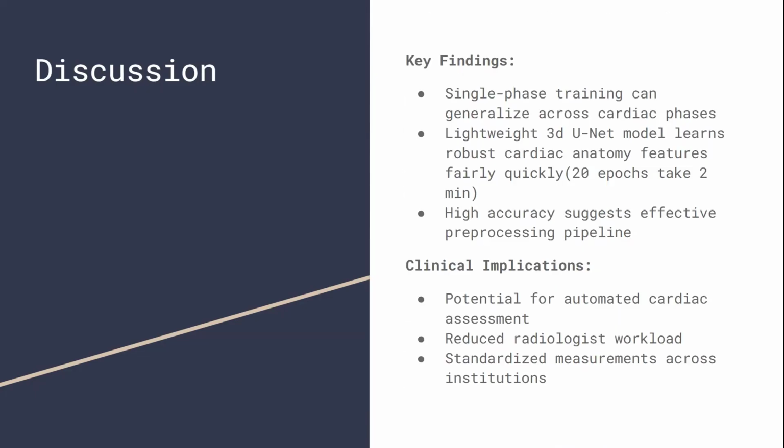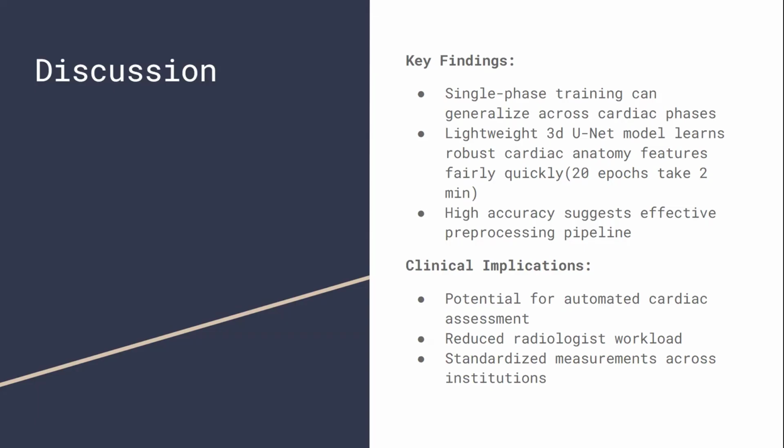So to our discussion. The key finding that is surprising to me is that even though we train on only a single phase, it can generalize across cardiac phases. And since we only used this very lightweight 3D U-Net model, it learns the anatomy features fairly quickly.